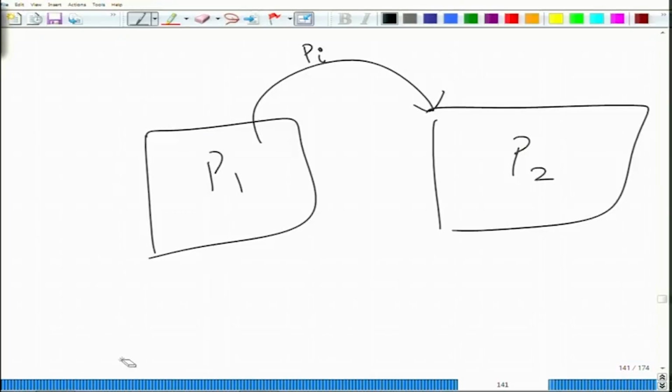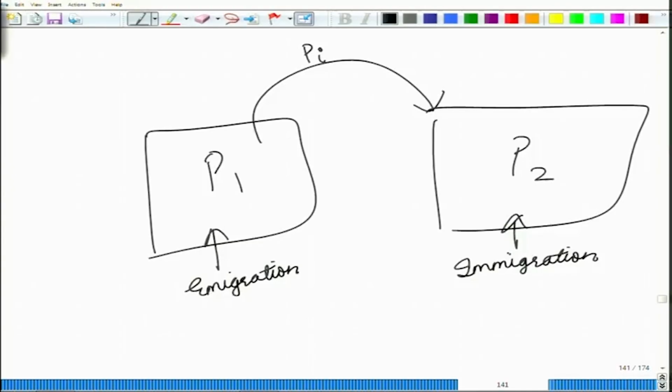So they are moving from the first population to the second population. For the first population we will see that there is an emigration, that is, there are individuals that are leaving this population and going somewhere else. But in the case of P2 we are observing immigration, that is, there are animals that are moving from some other place into this population.